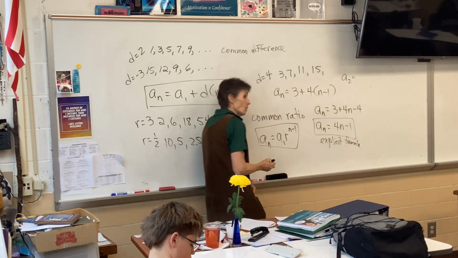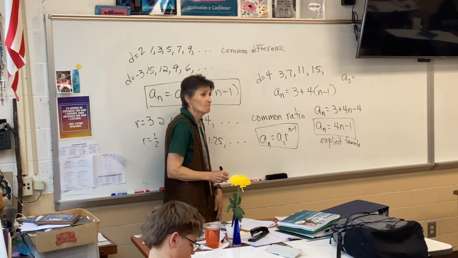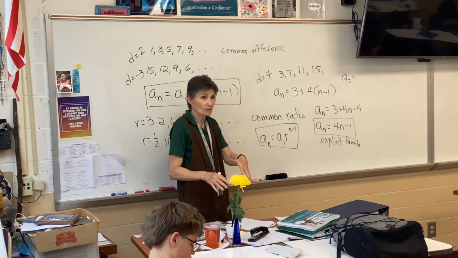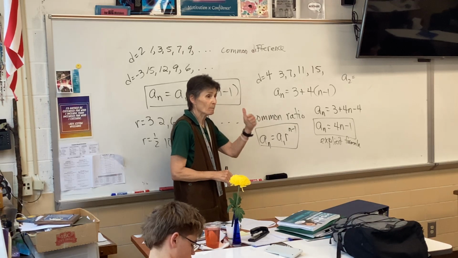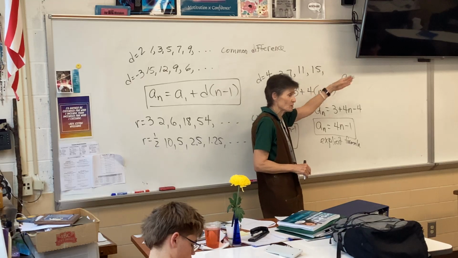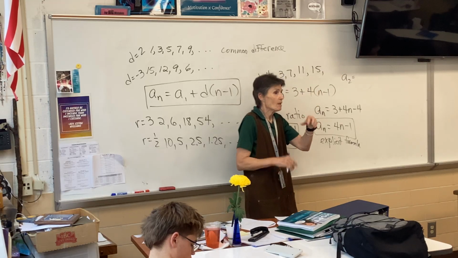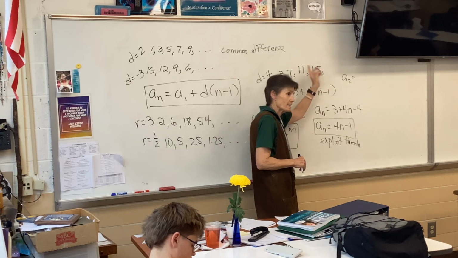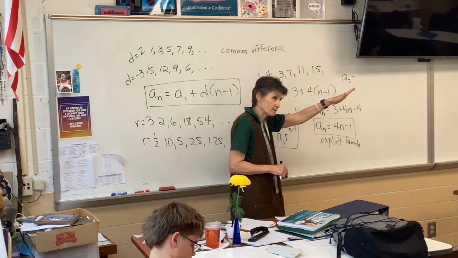Now why is it called an explicit formula? Because if you're doing a problem, and there are practical applications of this, and you've got this sequence of numbers, you can see what's going on, but you need the 1000th term. You do not want to write out all those terms up to the 1000th.